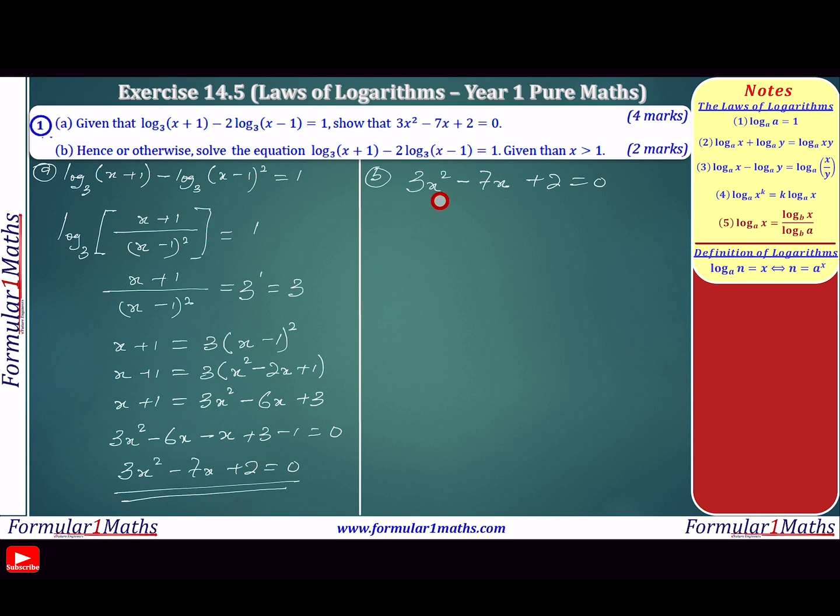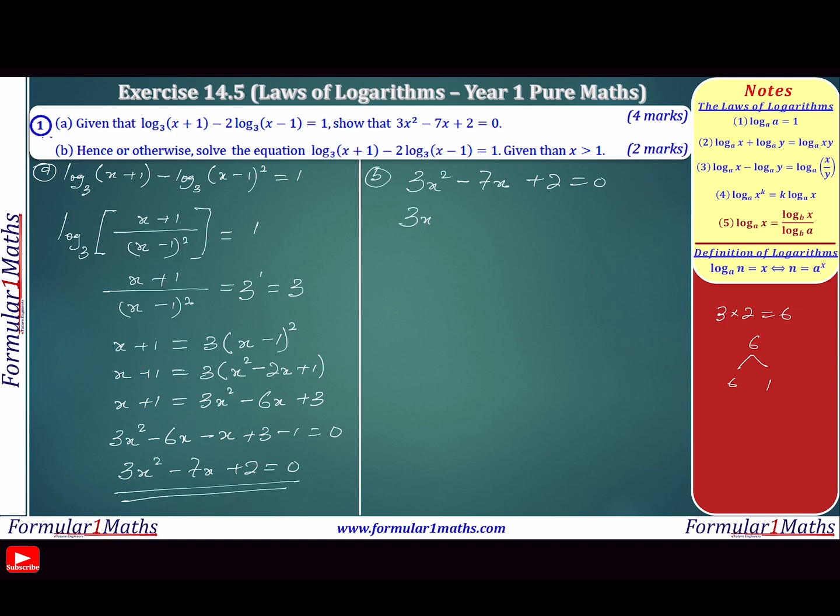If I multiply 3 by 2, I'm going to get 3 times 2 equals 6. And if I break 6 down, I'm going to get 2 factors, which will be 6 and 1. And so minus 6 times minus 1 will give me 6, and minus 6 minus 1 will give me minus 7x. So we can proceed and do this.